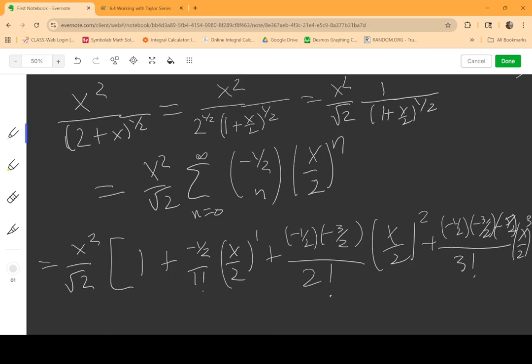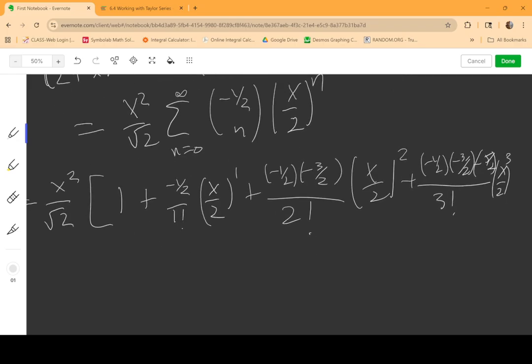Now a couple things that I notice here. Notice that it's going to be alternating. Here there's 1 negative, so this will be minus. 2 negatives, that stays plus. 3 negatives, excuse me, stays negative. So it alternates plus minus.